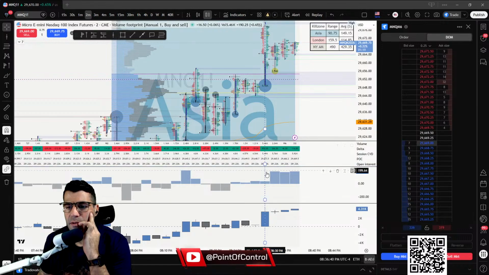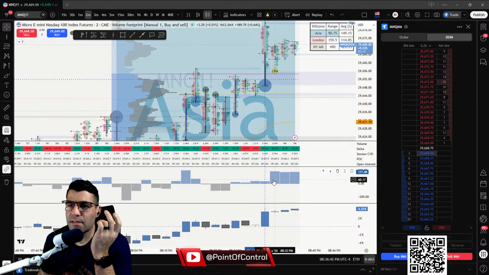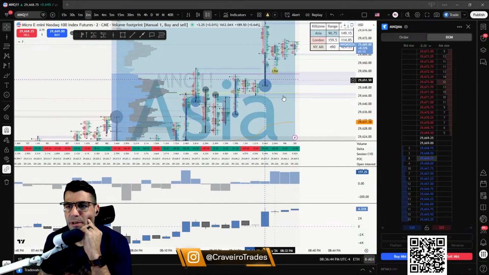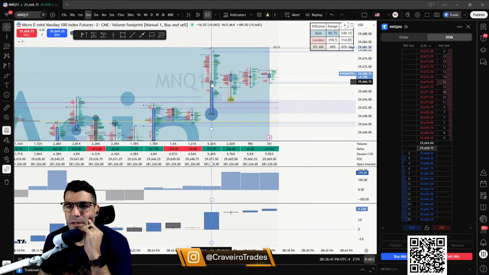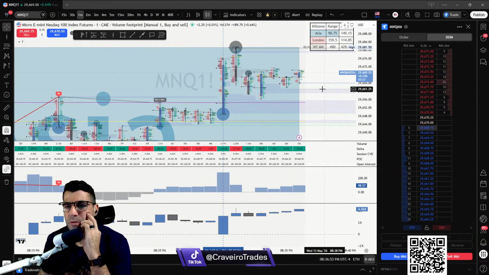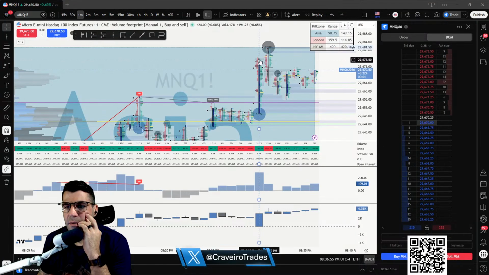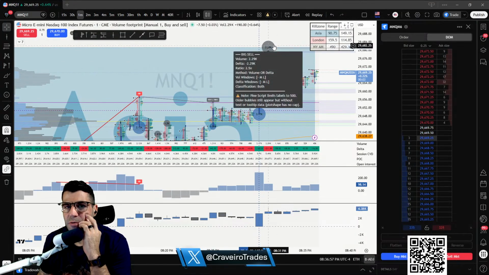This is a sign of buy-side exhaustion, right? We have a huge candle that pushed higher, retraced back down. This is on a 2-minute. Go to a 1-minute. A lot of short participation.